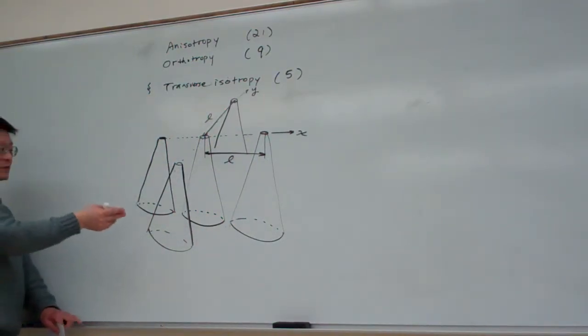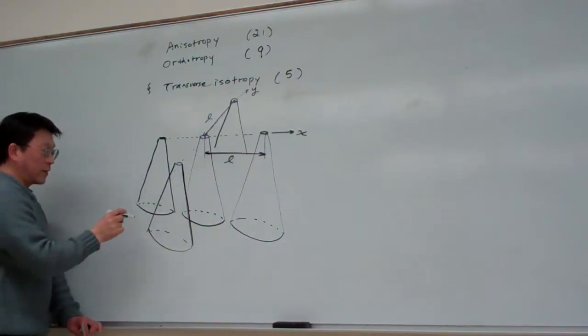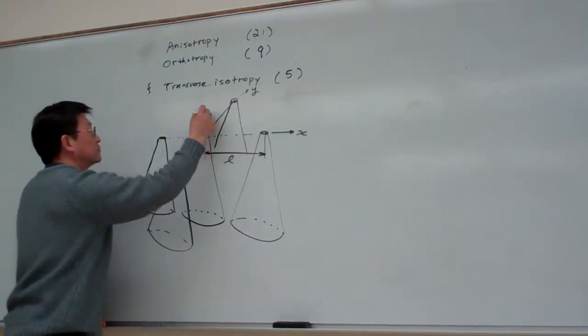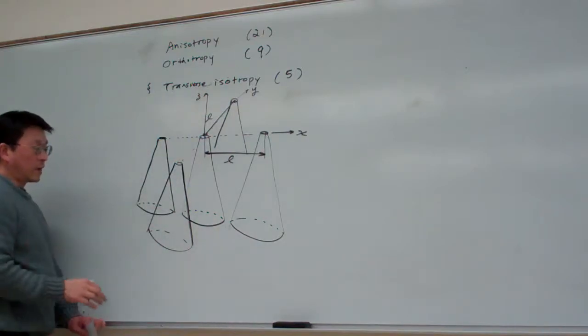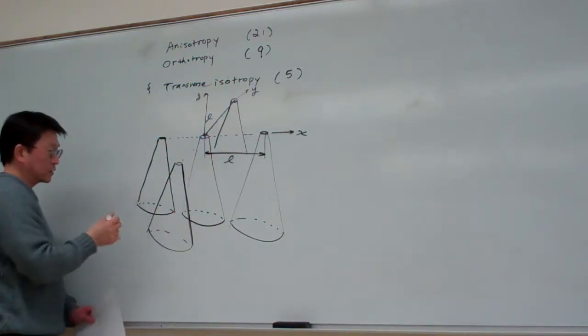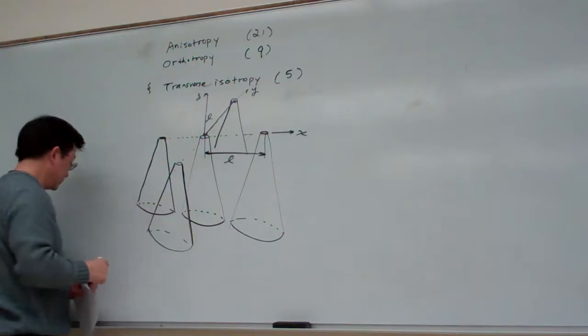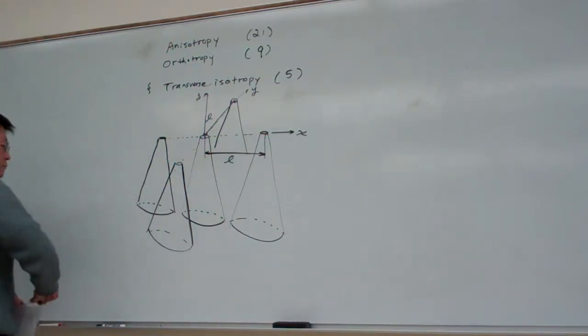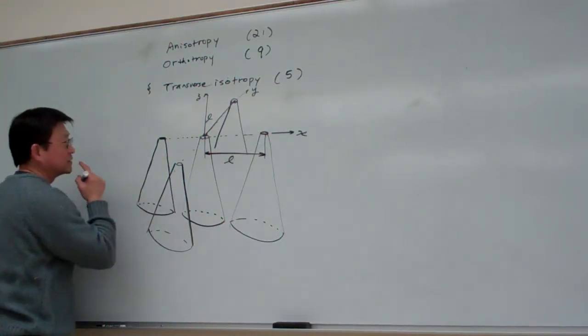Okay. But in the Z direction, basically you can see, for example, at the bottom, X, Y, Z. At the bottom level, let me try to get a cross section at the bottom level.